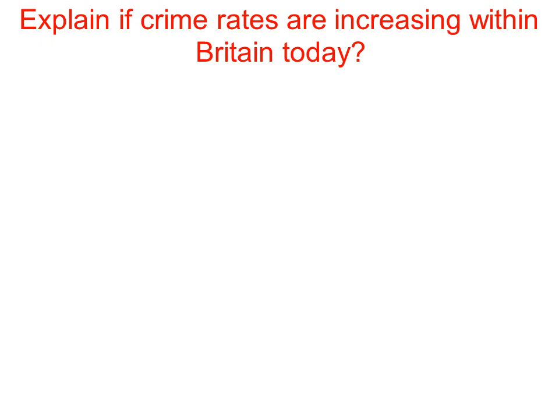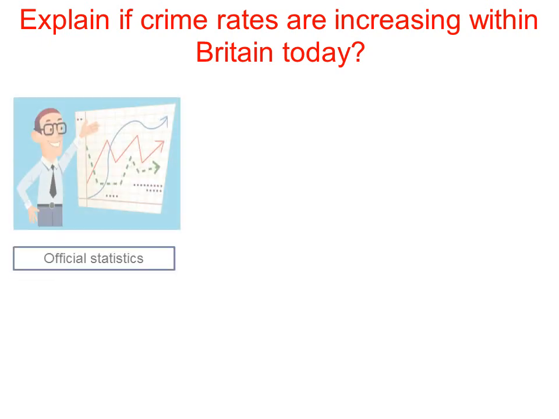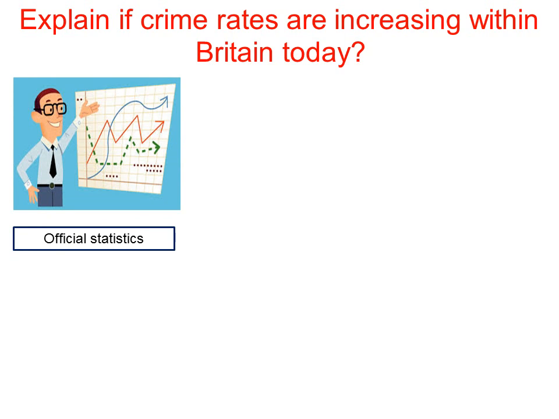So we're now going to look at and explain reasons why crime rates may have increased or decreased within Britain. Firstly, we've looked at official statistics and we've suggested reasons why statistics may suggest there's been a decrease, but we need to bear in mind that the statistics are suggesting crime rates are on the decrease, therefore official statistics are the only thing we can use at the minute.